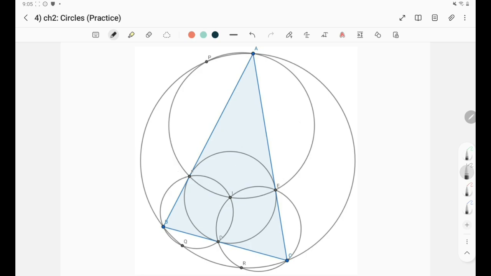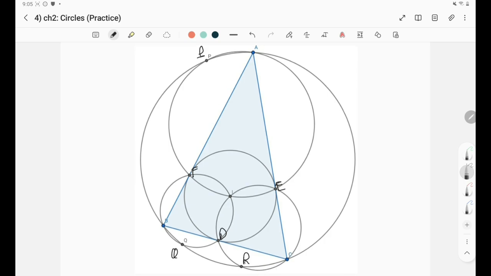Let me write these because they are too small. E and F. This one here is P, this one here is Q, and this one here is R, the intersections of these circles with the original circumcircle.